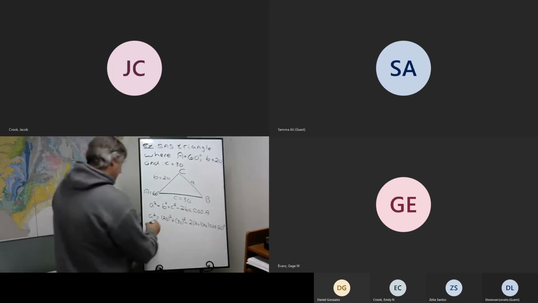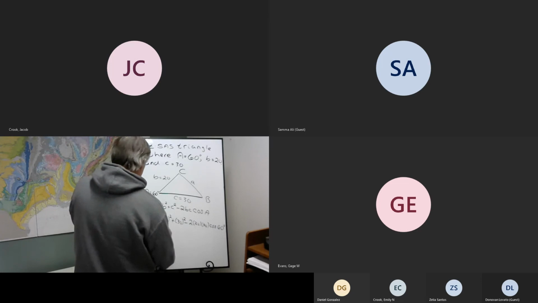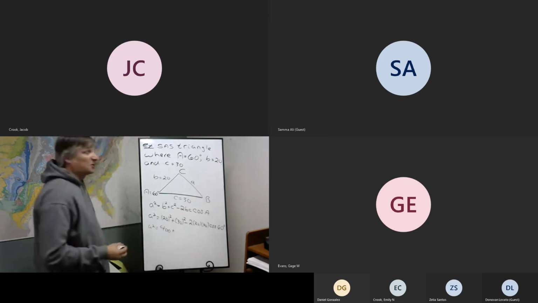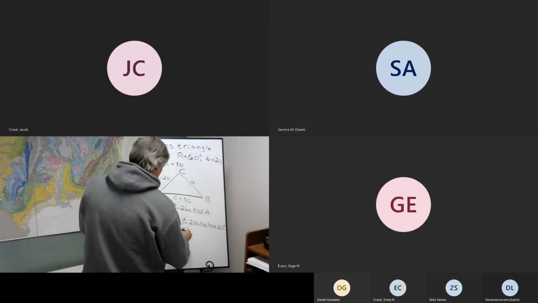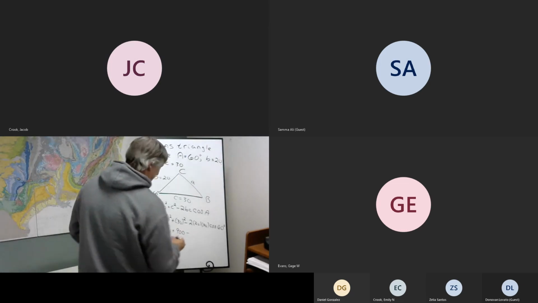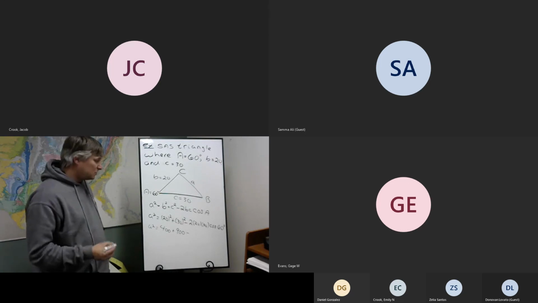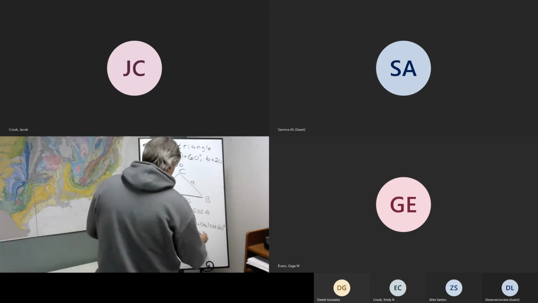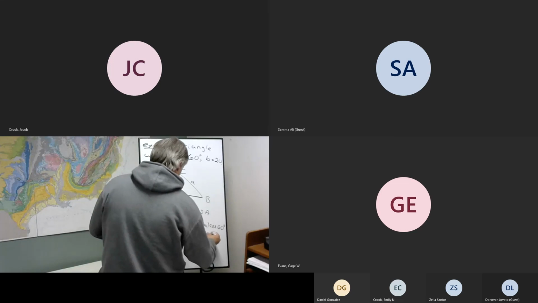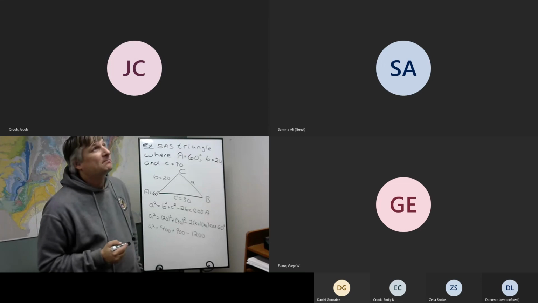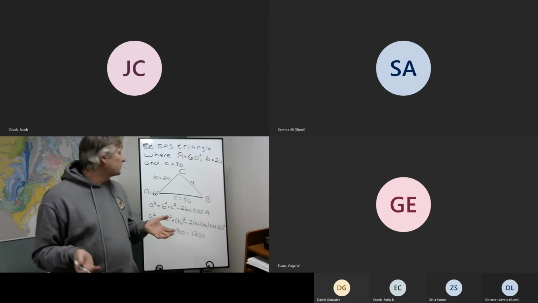So 20 squared, 400. 30 squared, 900. 20 times 30, 600. Times 2 is 1200. Cosine of 60 degrees. So that's going to be, you can use your unit circle on this one.